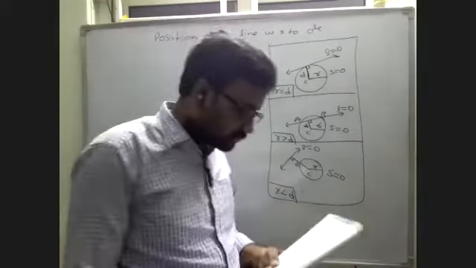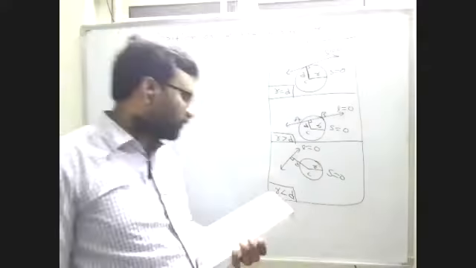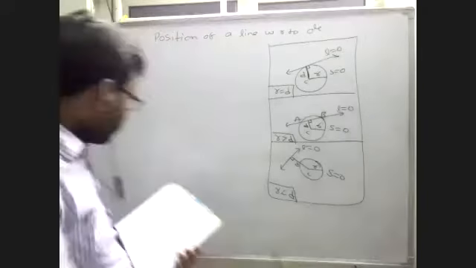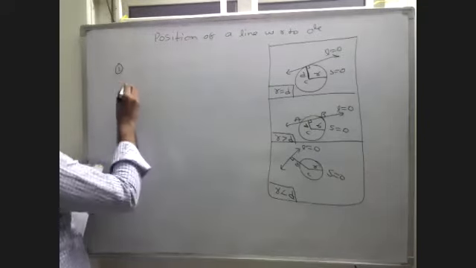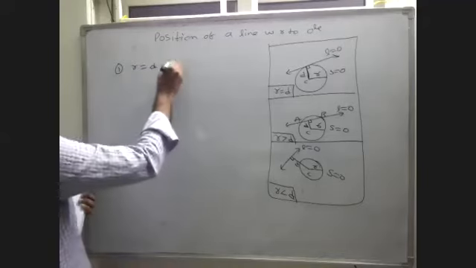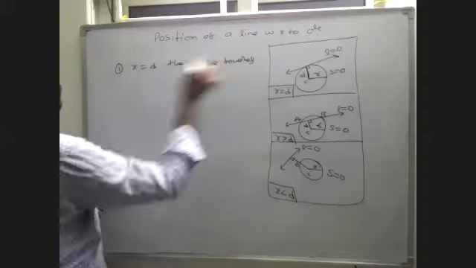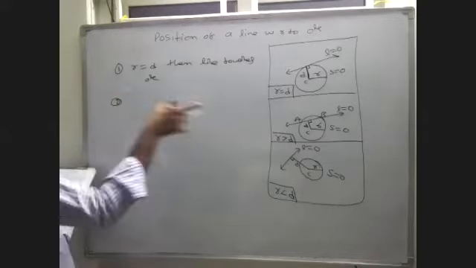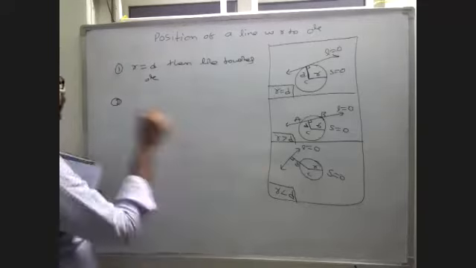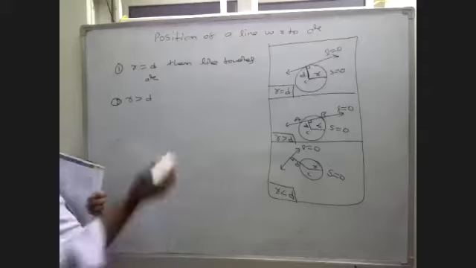Then, if C is the center, R is the radius of a circle, and the perpendicular distance from the center to the line is D, then the first condition: R equal to D, the line touches the circle. Second condition: R greater than D. They are given D less than R, I am writing R greater than D, whatever it is.